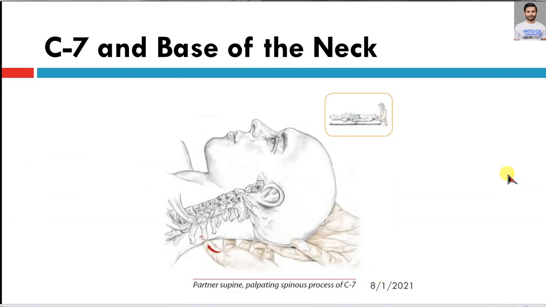So C7 makes the base of the neck, and this position is really very important because before you manipulate or assess the facets, you need to ask your partner to lie supine, and then you can palpate for the structures. There are very important landmarks. Let's say this is the mastoid process.